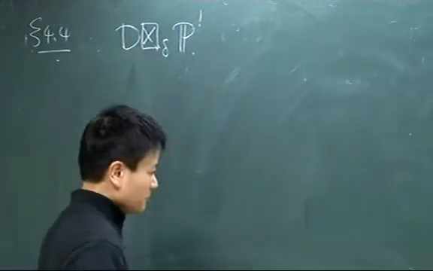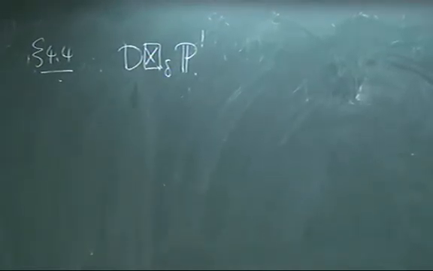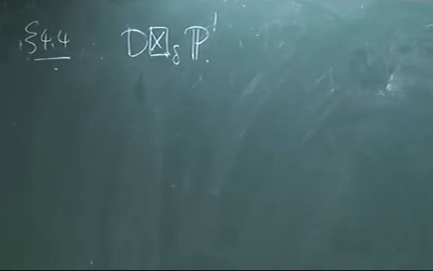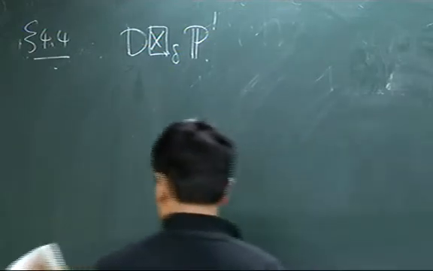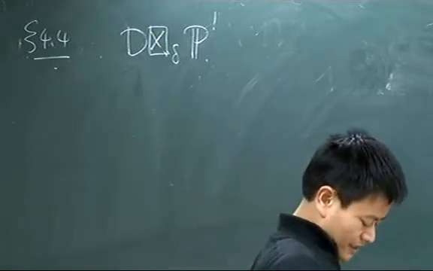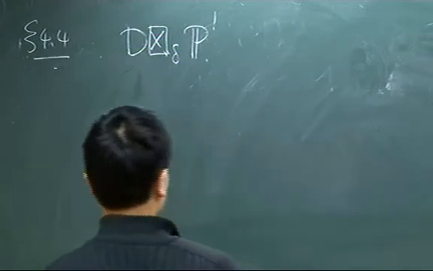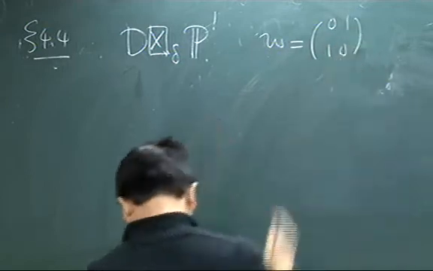Okay. So delta, the delta structure, you just want to extend it for delta of n Q_P. This one, again, we need to first take a look at the case where W is just 0, 1, 1, 0.